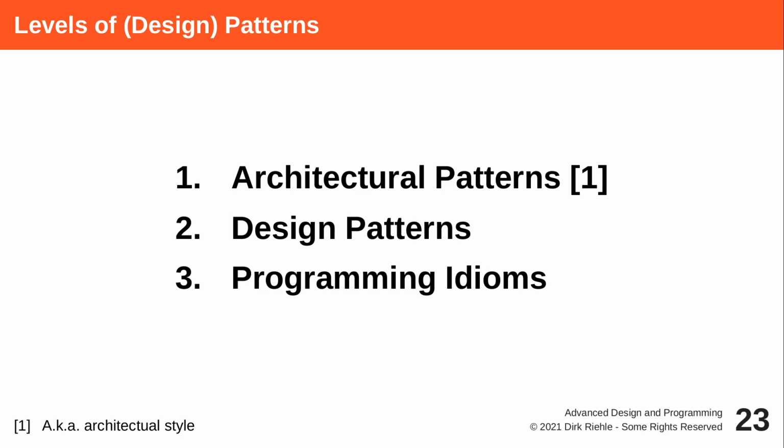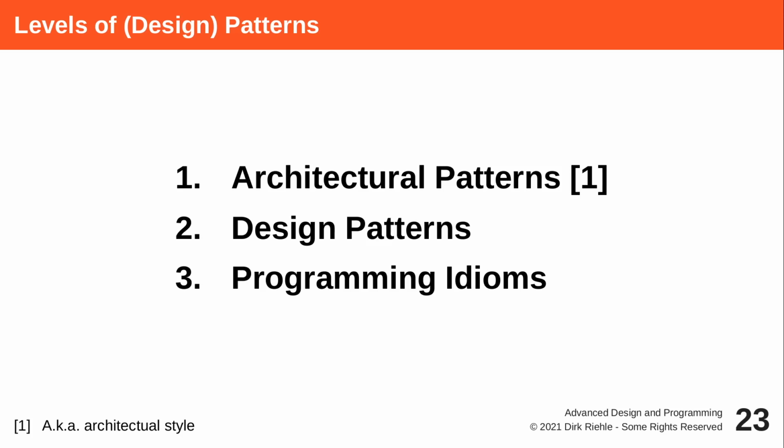Arguably then, people started talking about patterns above that, most notably architectural patterns or architectural styles. And these are also patterns, just not described using classes, but maybe using an architecture description language or an abstraction thereof. These architectural patterns would capture how to design the architecture of a software system. So for example, having a layered architecture would be a way of structuring code dependencies between layers in a large system.